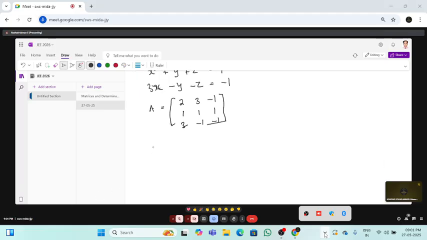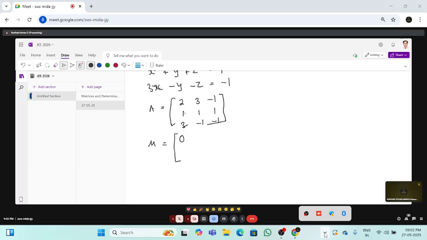First step is minor. Minor is take each element, the first element, it is 1 into minus 1 minus minus 1 into 1. So minus 1 minus minus 1, so that is 0. Now you have to be a little careful, okay? Because you're doing it within your mind, or you can write down in a scribble the individual steps somewhere.